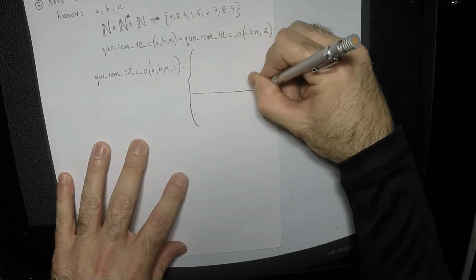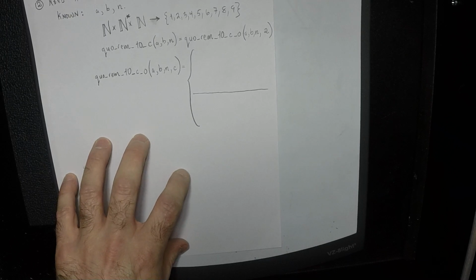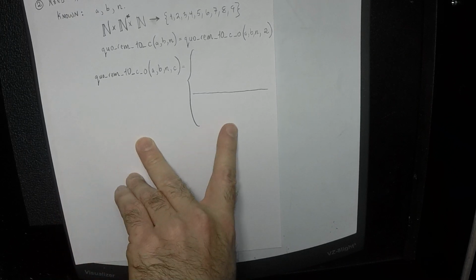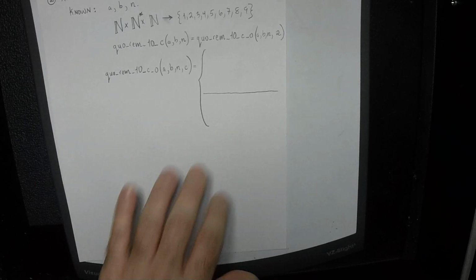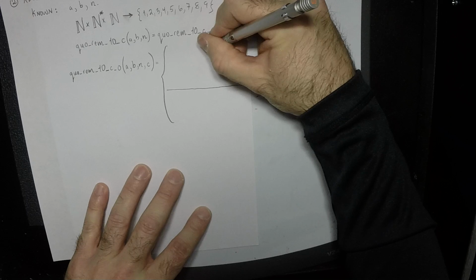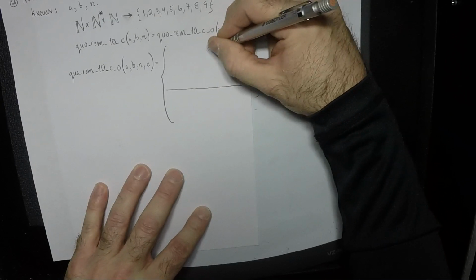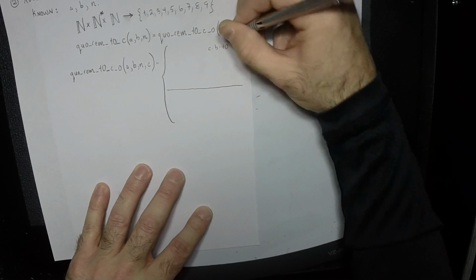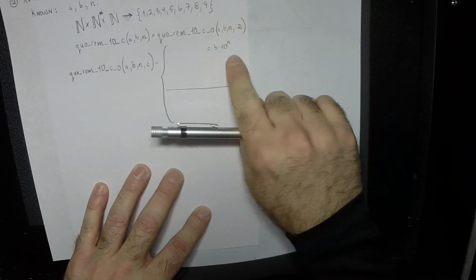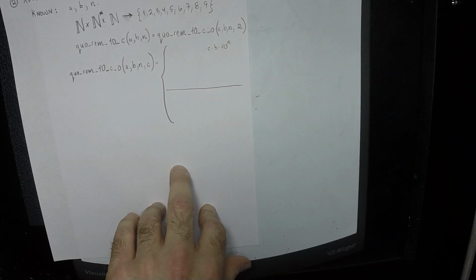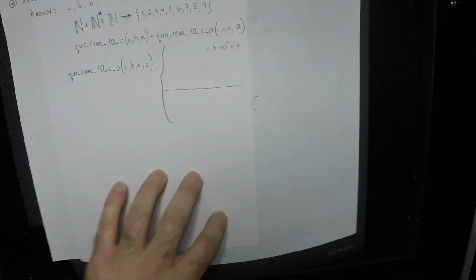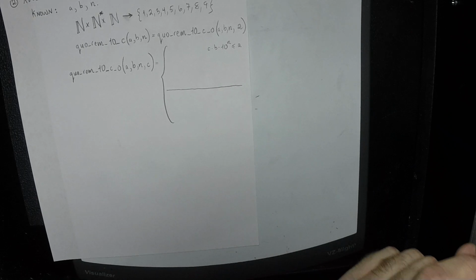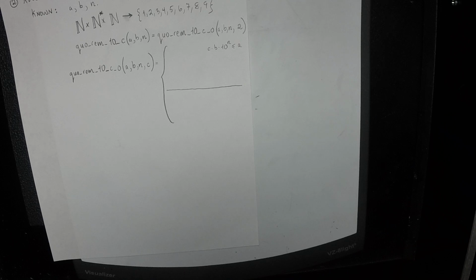So I want some inequality. Okay, good. So c times b times 10 to exponent n less than or equal to a. So that's logically the test of whether or not we've gone far enough.